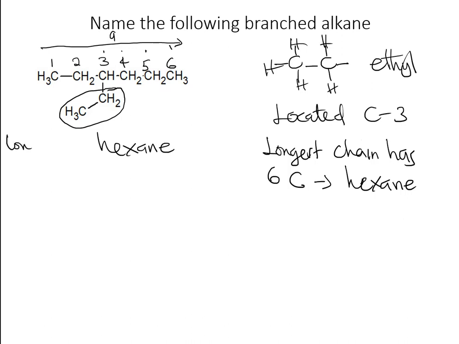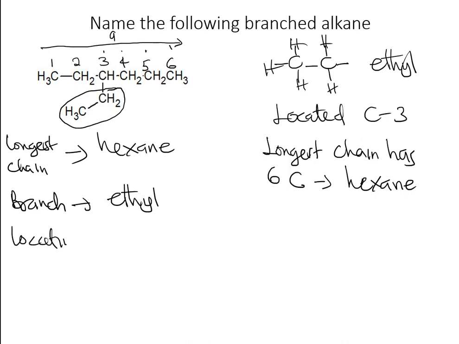So I'll say longest chain is a hexane. The branch is an ethyl. Location, it is at carbon number 3.